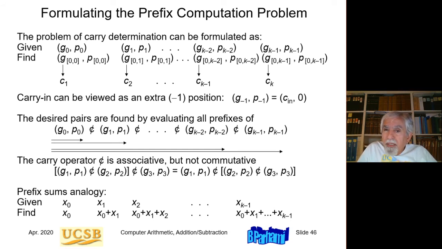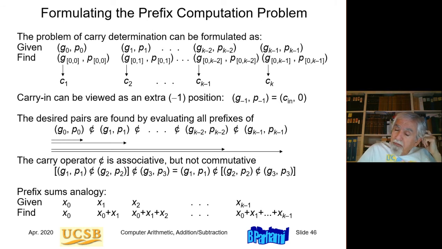G0, P0 is the same as the first pair that I'm trying to compute. So there's no computation involved there. Then G0, P0, carry operator G1, P1 gives me that second pair from which I derive C2. Okay? So basically, finding the carries is the same as computing all the prefixes of this expression. This is why the computation is known as parallel prefix computation, because I want to compute all those prefixes in parallel.